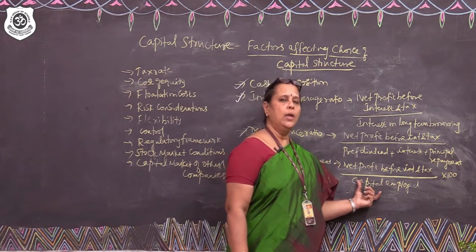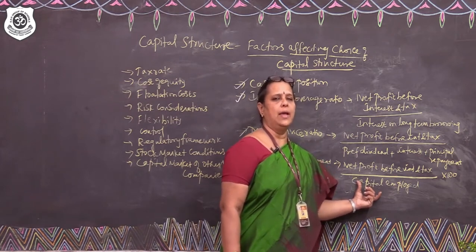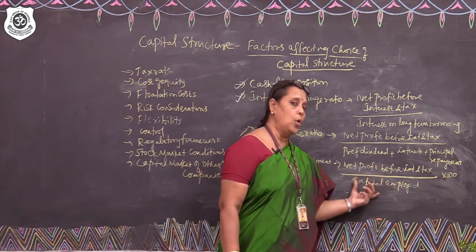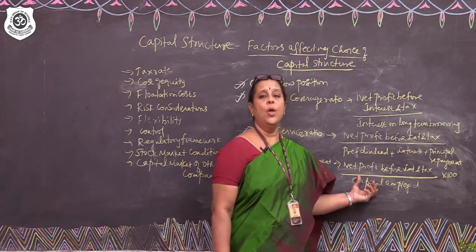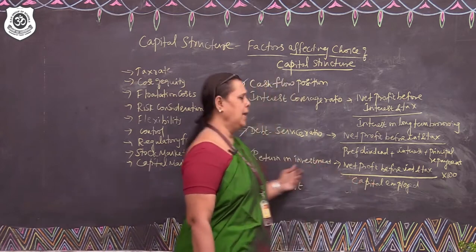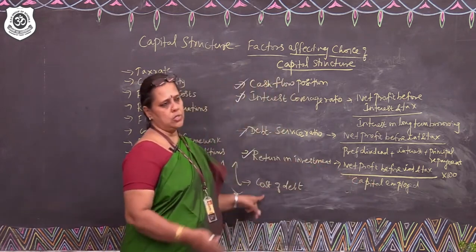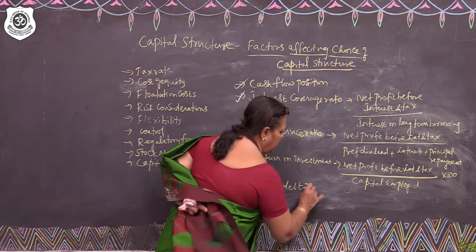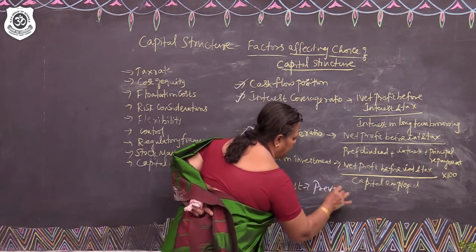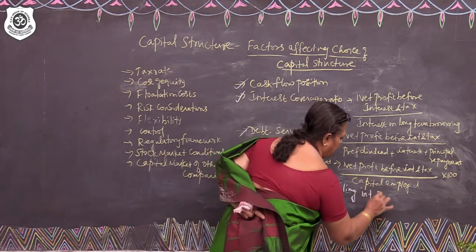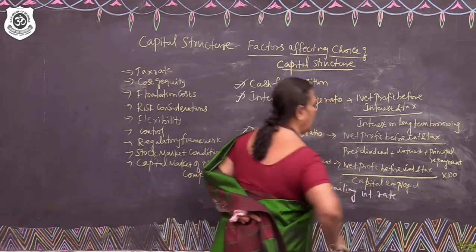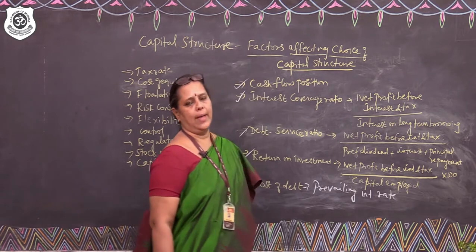If the ROI of the company is much lesser than the rate of return payable on the borrowed capital, it is a very dangerous situation for the company to employ more debt. The next one is cost of debt. Cost of debt talks about the prevailing interest rate on borrowed capital.